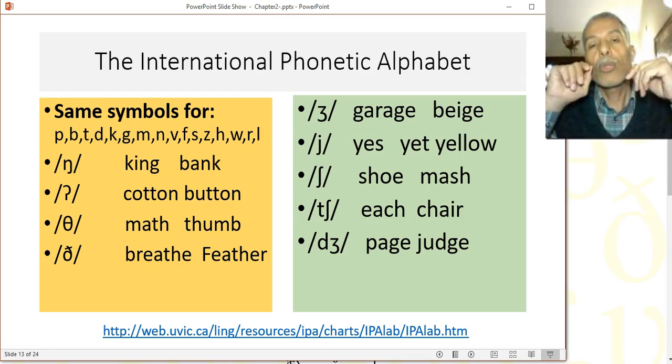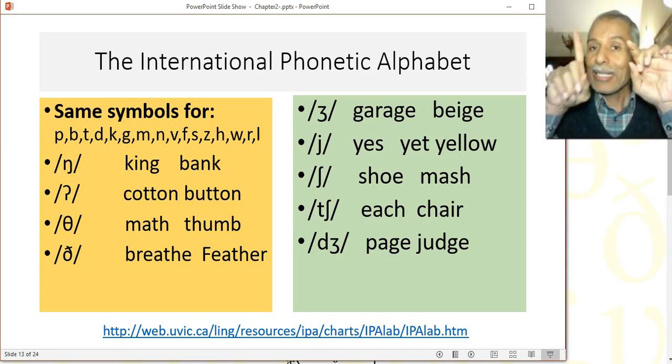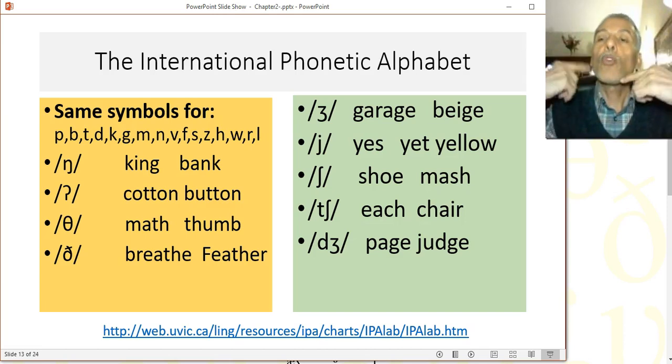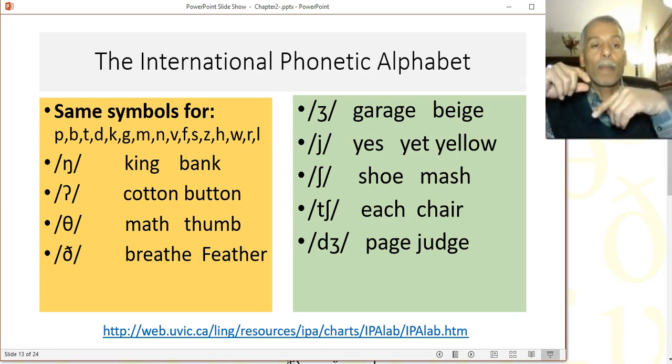So these sounds, we call them cognates. Cognates means two sounds that are the same in every way, except that one of them is voiced, V plus, and one is voiceless.